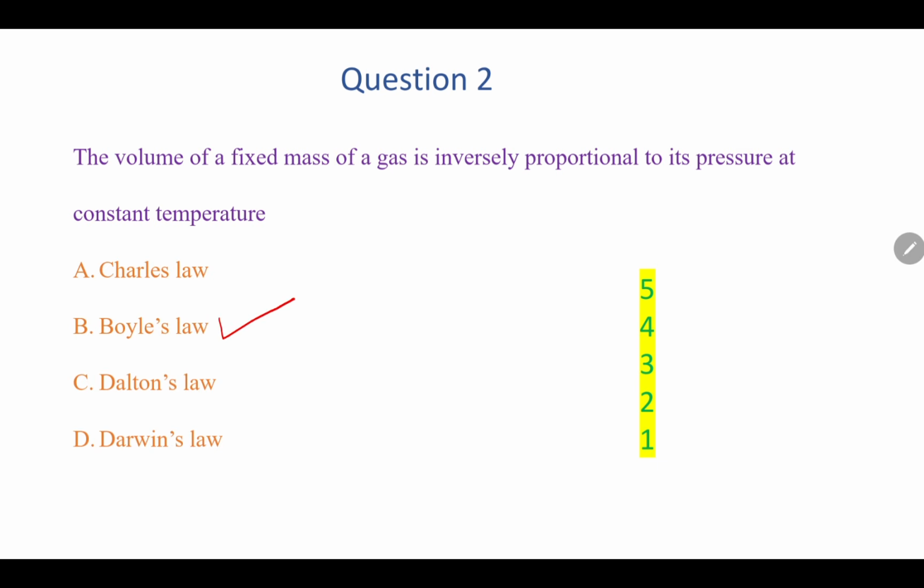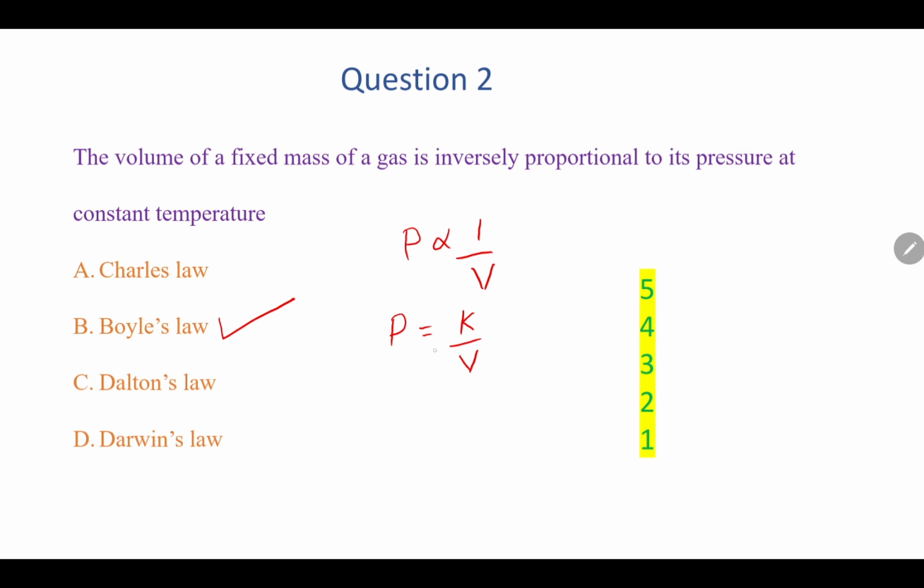Boyle's law is usually written as P is inversely proportional to V, pressure is inversely proportional to volume, and sometimes we can modify this and say P is equal to K over V, where K is a constant.